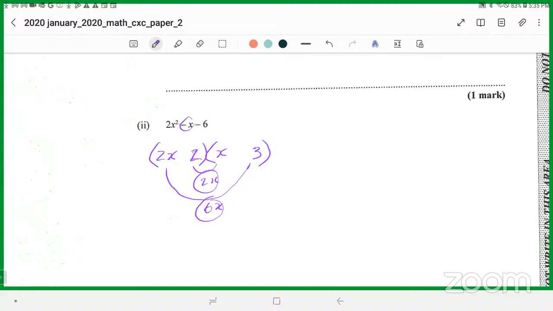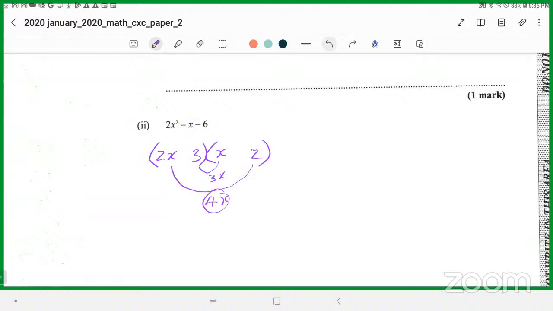My middle term is just a negative 1x, so I can't use it that way. So let me switch it around and put the 3 here and the 2 here. Then the far product is 4x and the near product is 3x. So yes, the difference between these two is the middle term, which is 1x.